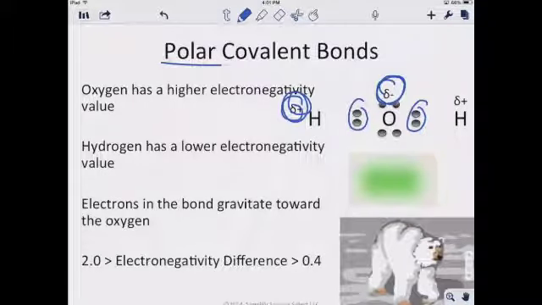That's where usually we have a difference in electronegativity that is right in between 2 and 0.4. So we can look up their numbers on the periodic table and subtract them, and that will give us the difference in electronegativity. And if it's between 2 and 0.4, then it's going to be a polar covalent bond.